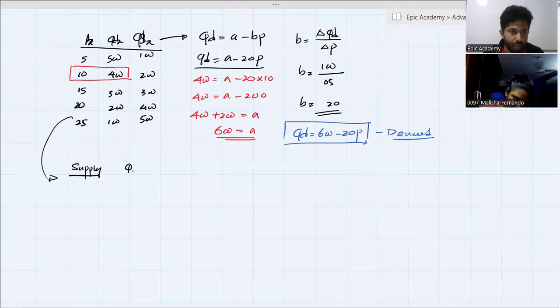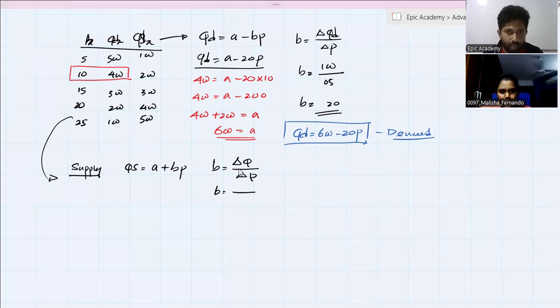QS equals A plus BP. Again, first of all, you are going to calculate the value for B, delta QD divided by delta P. Sorry, not delta QD, it must be delta QS.